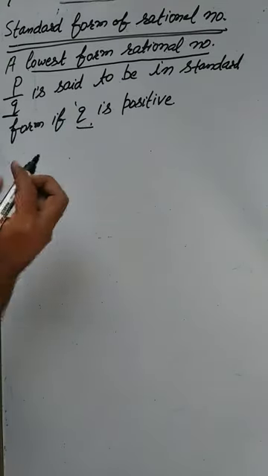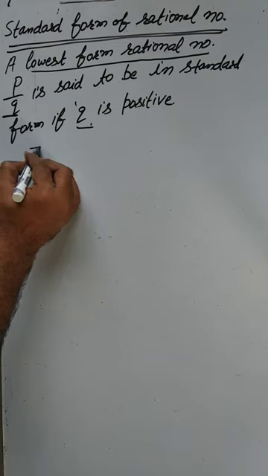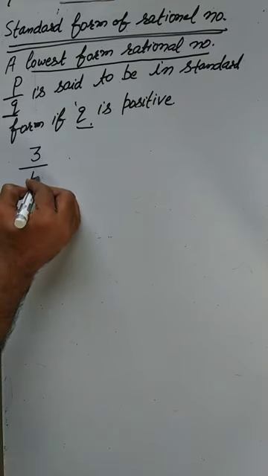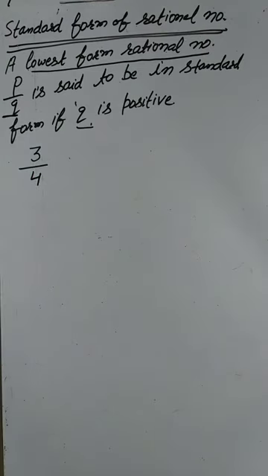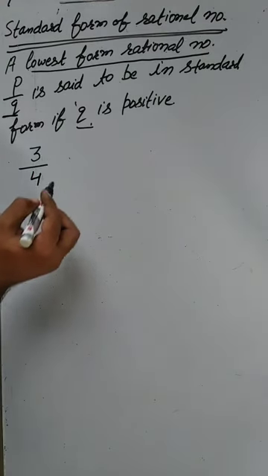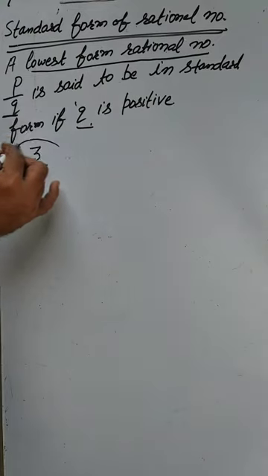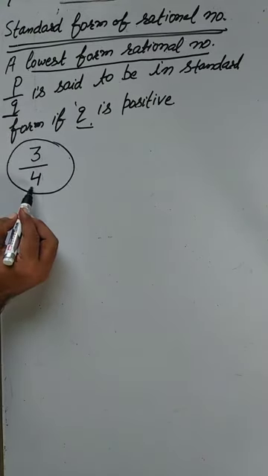Means beta, for example you have a rational number 3 upon 4. Clearly it is in the lowest form. Nothing is common between numerator and denominator. It is also in the standard form because its denominator is positive.